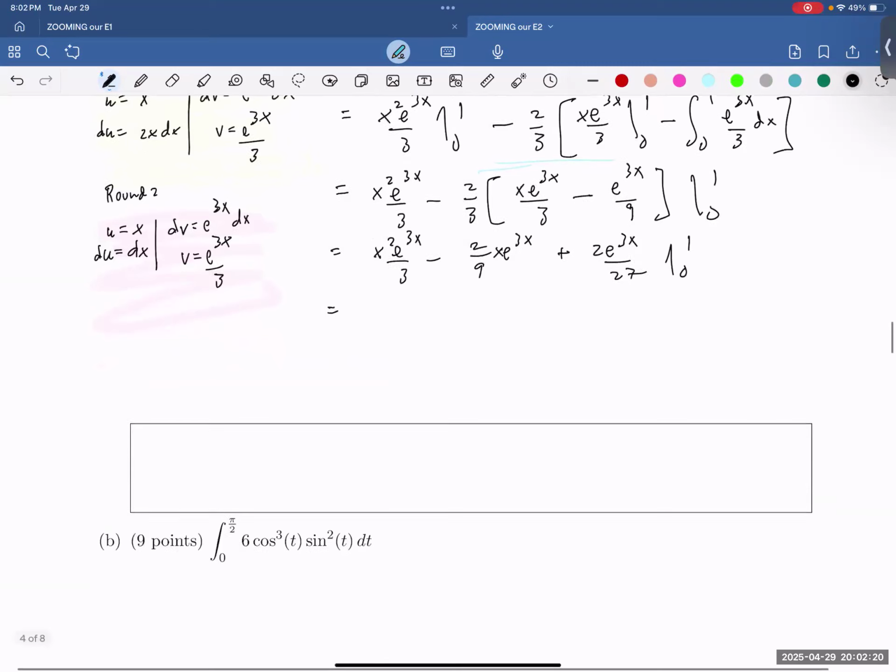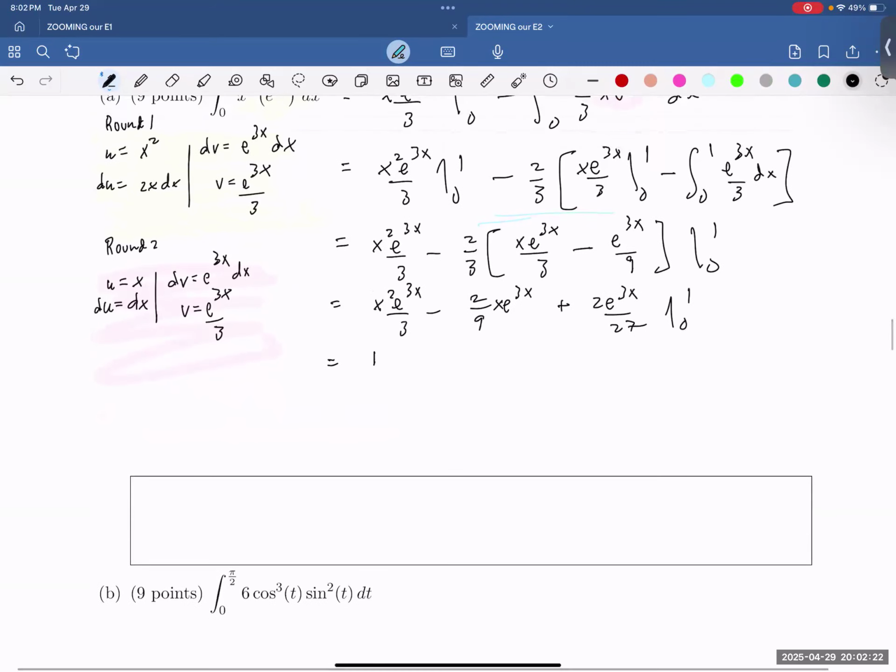You plug in a 1, and it's 1 e to the 3 over 3 minus 2/9 1 e to the 3 plus 2/27 e to the 3, minus what we get at evaluating at 0.